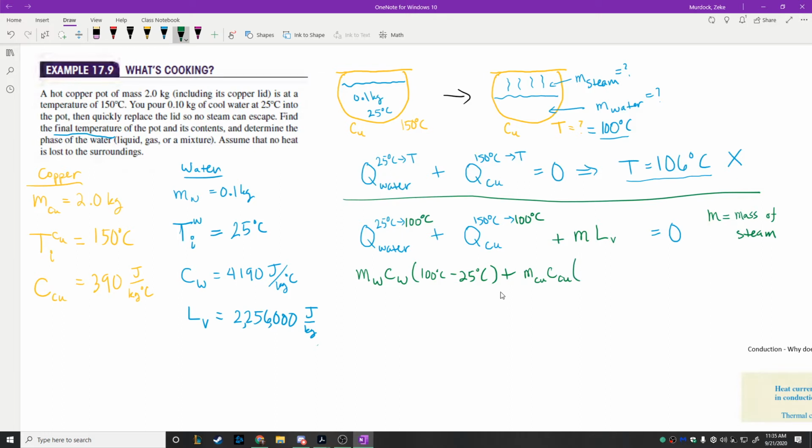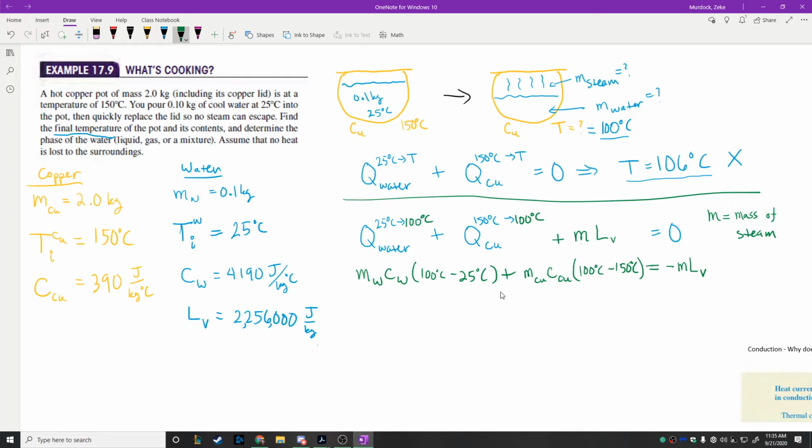Its final temperature is 100 minus 150. And this should all be equal to negative M times L_V. So to solve for this, we just need to solve for M.